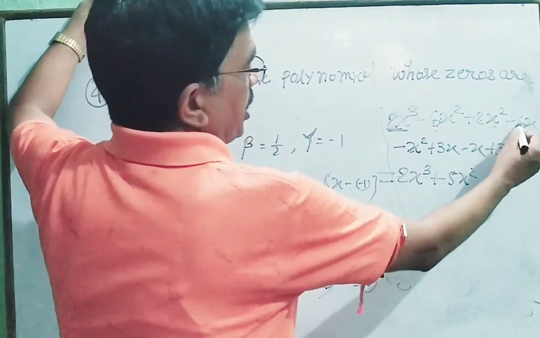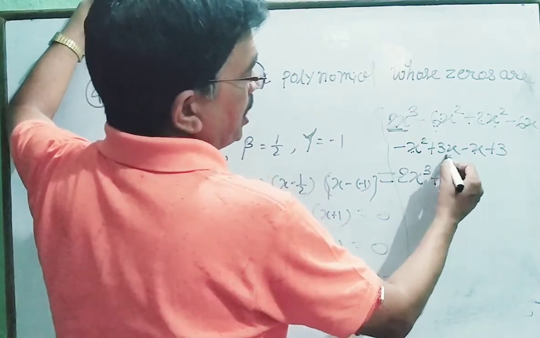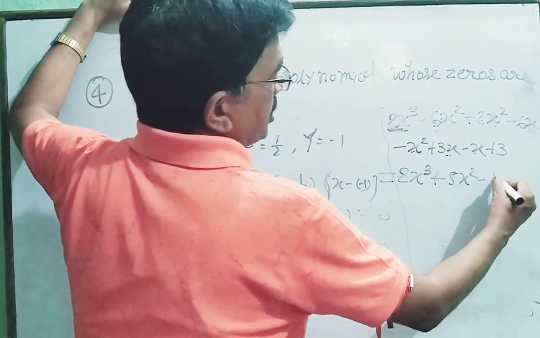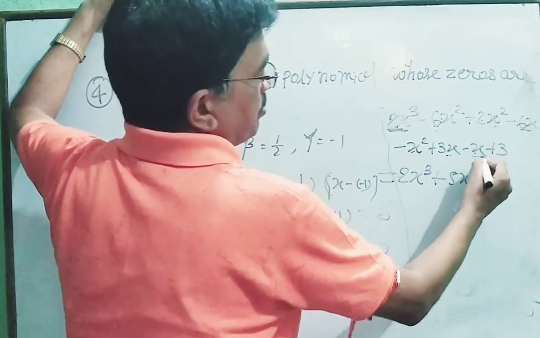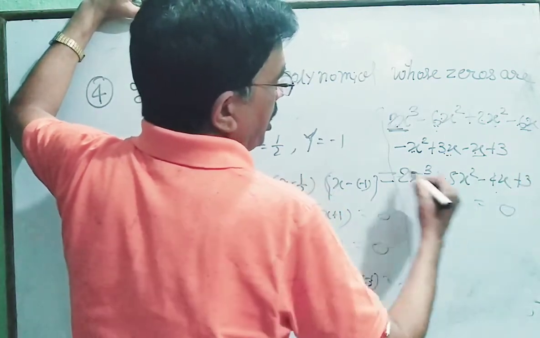And x terms: minus 6x, plus 3x minus x, that is minus 4x, and plus 3. It is the cubic polynomial.